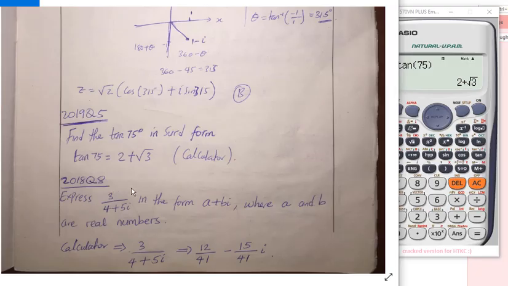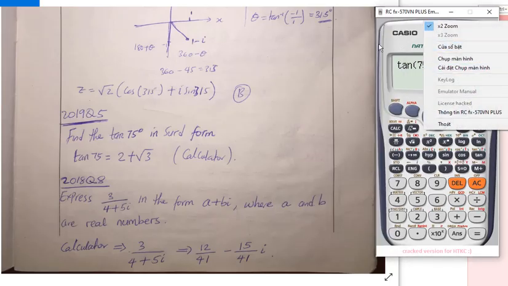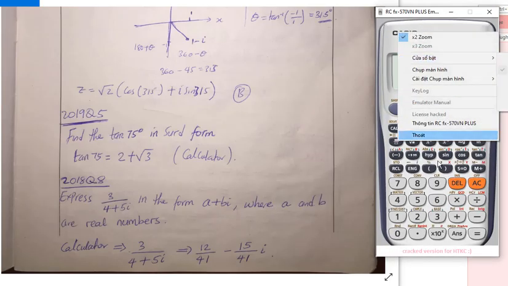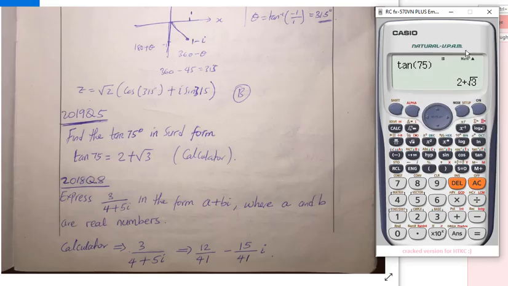You say express 3 over 4 plus 5i in the form a plus bi, where a and b are real numbers. So you just come and use the calculator. First go to complex mode. Then you press 3 over 4 plus 5i.